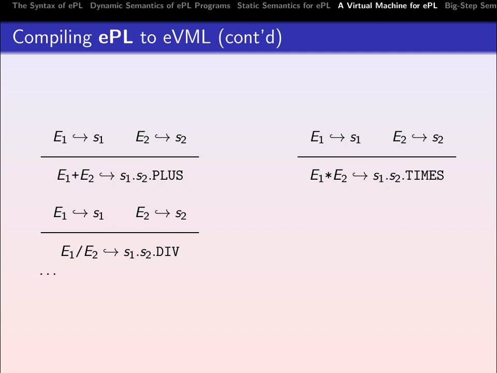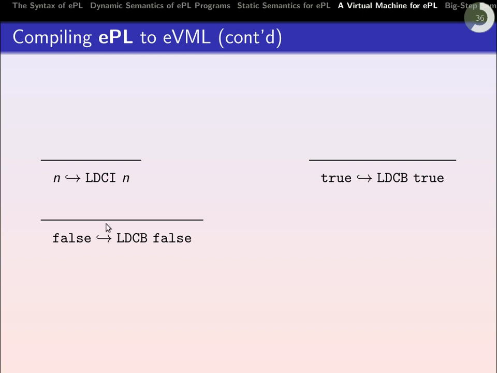Like 1 plus 2 would be compiling to 1 2 plus, and why would it not be an expression, say 3, that compiles to 3? So 3 compiles to 3, right, from here.